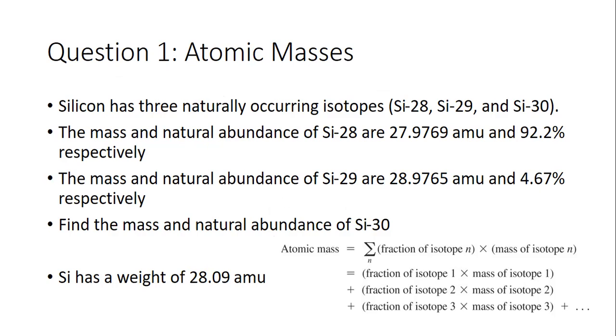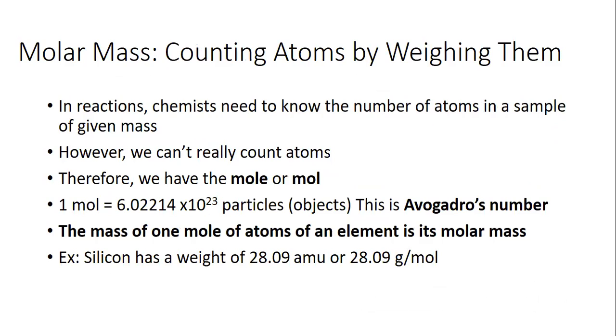All right. Now that we know where atomic masses come from, let's talk about what is called molar mass. In chemistry, when we do experimental chemistry, we can't work with just 1 or 2 atoms. They're way too tiny.